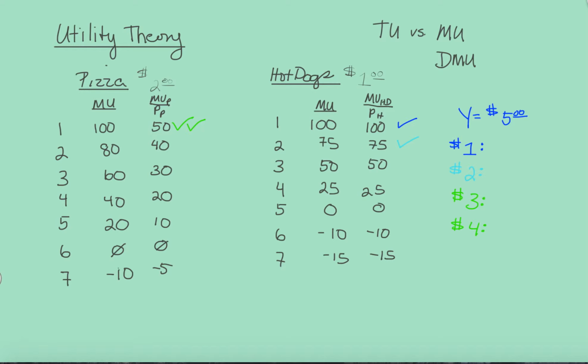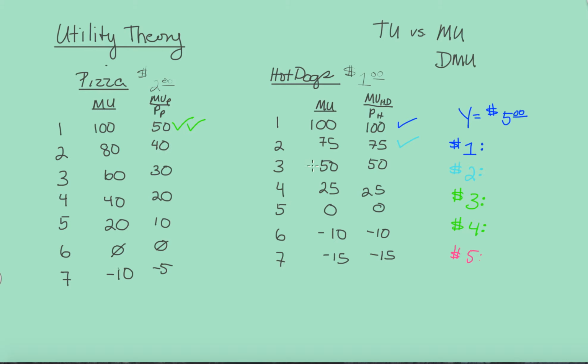Okay, then he has one additional dollar, and let's make the assumption that he can, in fact, buy only half of a piece of pizza. So what is he going to spend that fifth dollar on? Well, he's had a full piece of pizza, so we said he could maybe buy half a piece of pizza, and half a piece of pizza for $1 would give him 40 units of satisfaction.